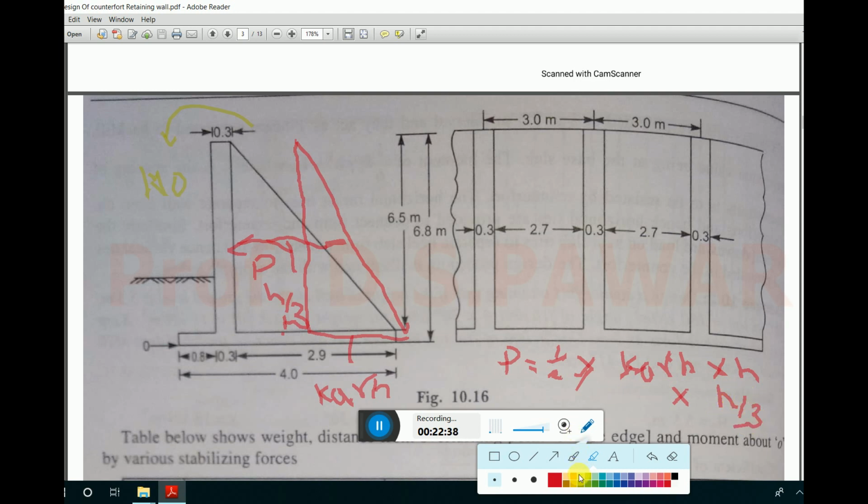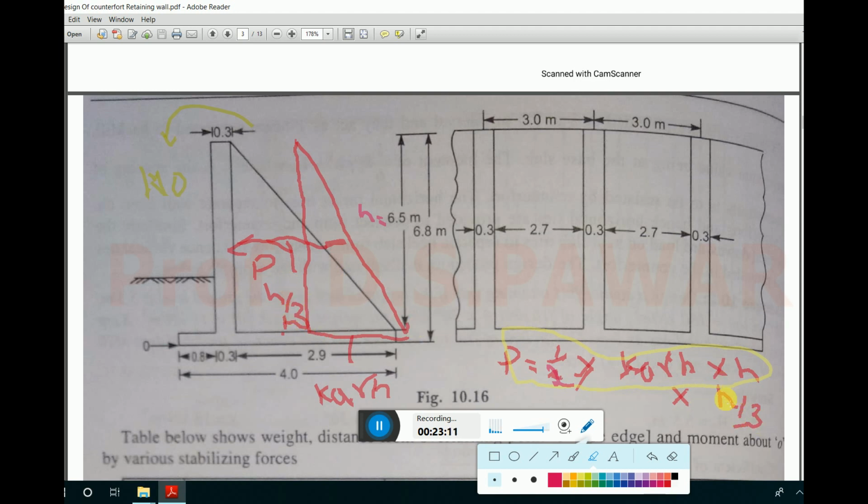So this is only the force: 1/2 into pressure k into gamma h into h, where h is the height of the stem only. So this is 1/2 base into height as the force, and the force is going to act at CG, that is at h/3.